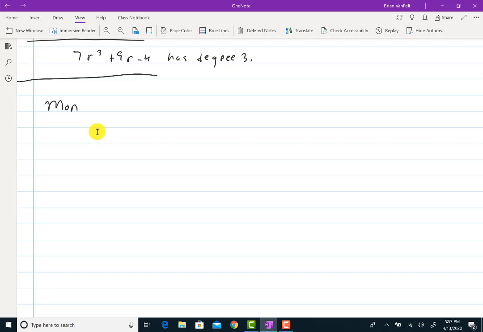Monomial. This here is an expression with only one term. So, as an example of this, we could have 2x cubed.